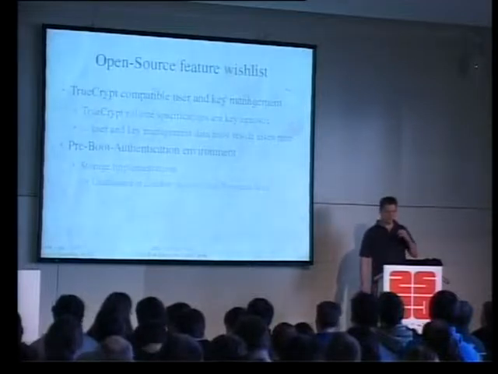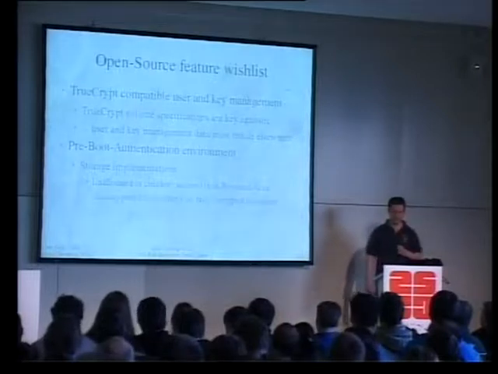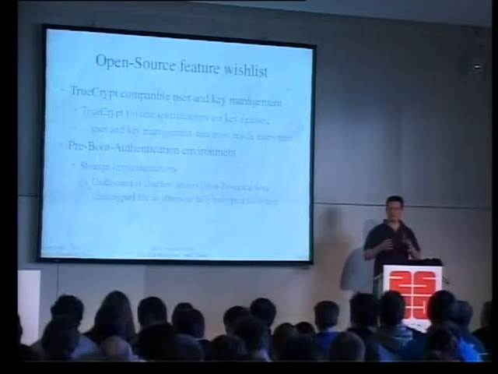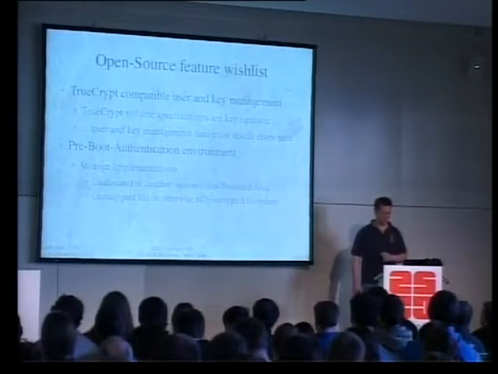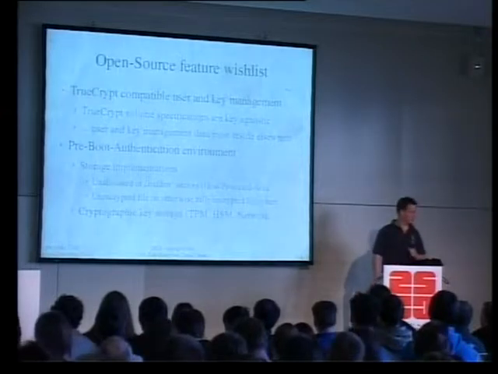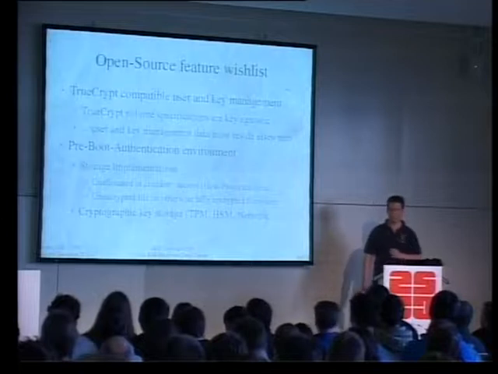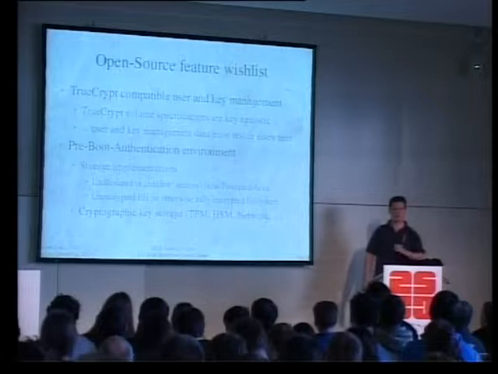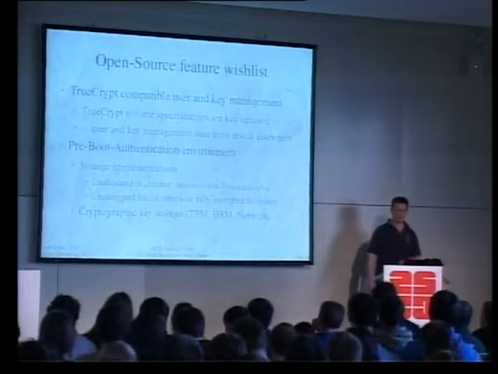Maybe you put it in some hidden sectors on the disk, or you maintain the pre-boot authentication environment in a file that's the only piece of information on a disk that is not being encrypted. Cryptographic key storage, TPM support, high security modules, network booting, so anything that's interesting to push the key out of the system, but to allow automation like for a server environment.